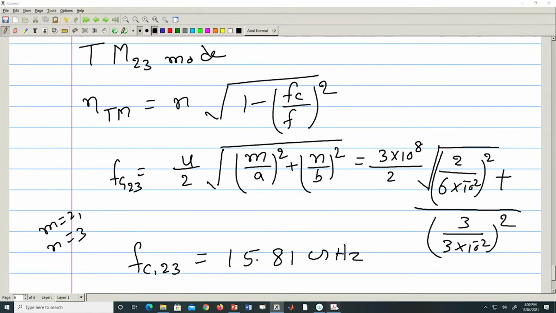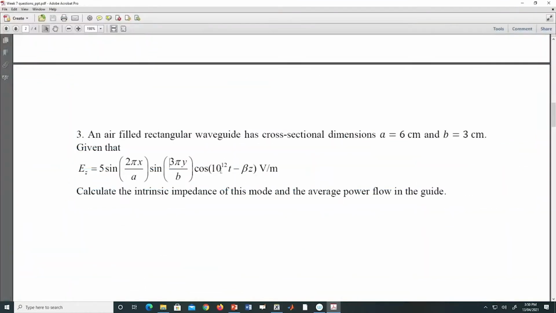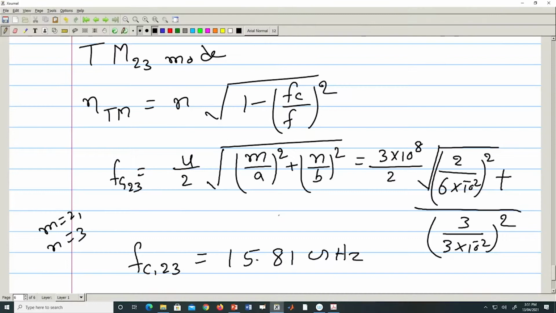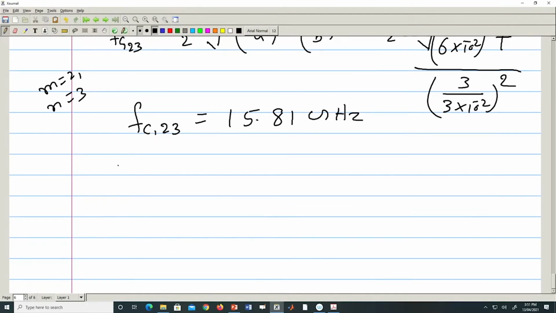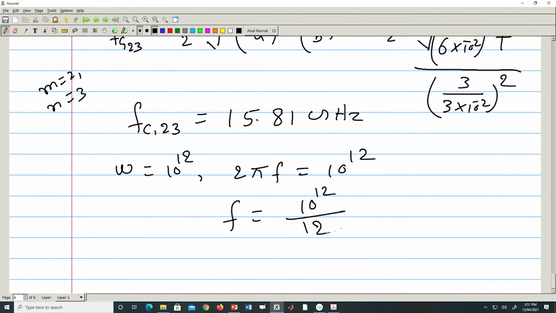In the expression we can see cos(omega t minus beta z), that means omega is 10 to the power 12. So, F we can calculate from this. Because omega is 2 pi f equal to 10 to the power 12, F will be 10 to the power 12 divided by 2 pi.